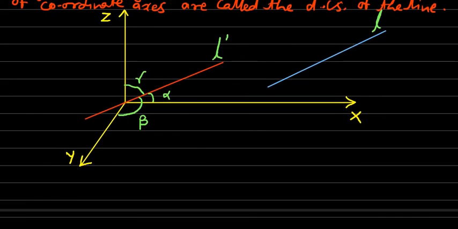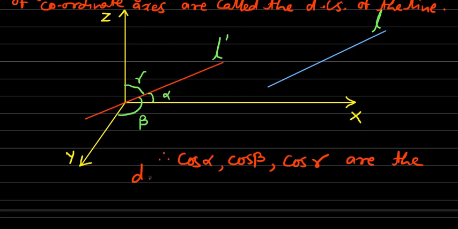As per our definition, we can say that cos alpha, cos beta and cos gamma are the DCS, means direction cosines, of the given line L. So in such a way we can find out the direction cosines of a line. Now we will solve one example on this and then we will proceed.